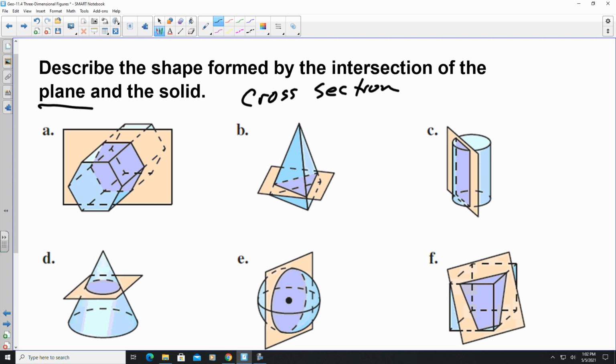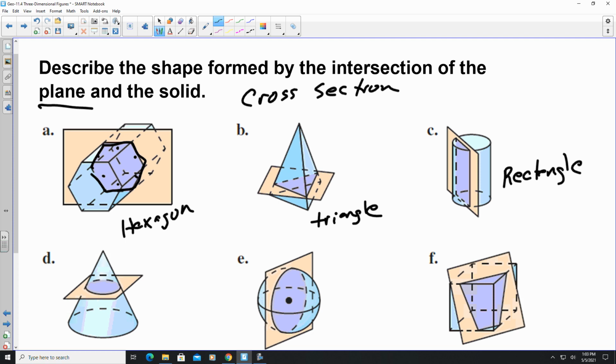So for example A, this cross section here looks like it is a one, two, three, four, five, six-sided figure. It looks like a hexagon is the shape that this cross section is getting. For B, it turns out to be a three-sided, so it's a triangle. For part C, it slices into a rectangle.